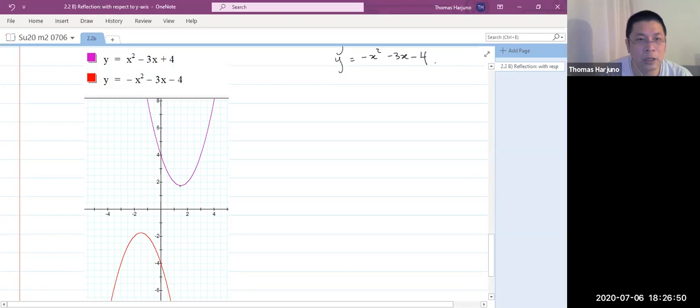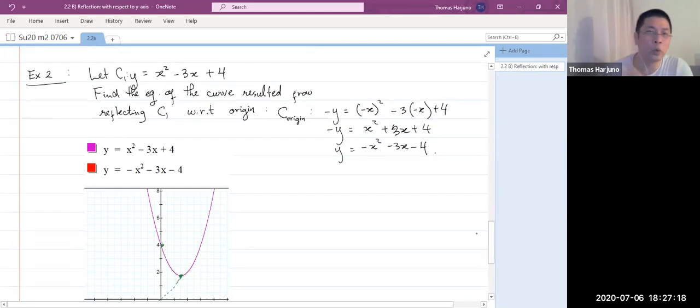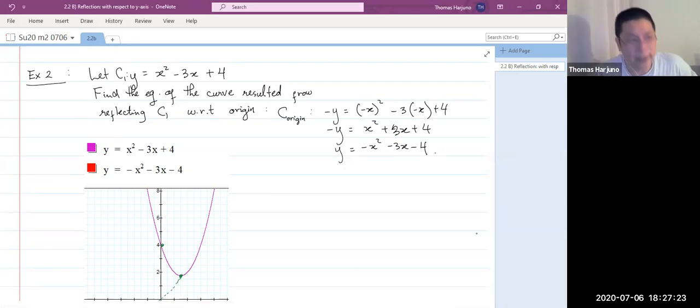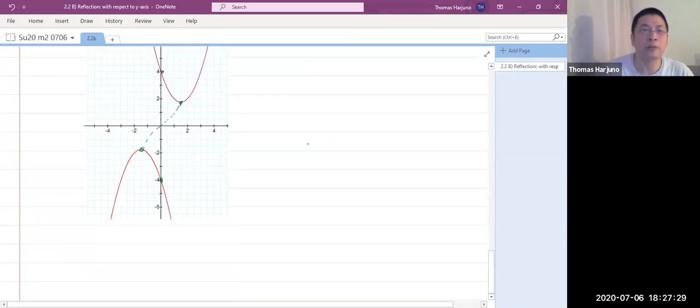Okay, the purple, let's say this coordinate here, when you reflect that with respect to the origin, it gives you this one. The y-intercept (0, 4) that you originally have now becomes, when you reflect with respect to the origin, this is what you get, right? And so on and so forth. So I hope you see the procedure: what do we do when we reflect with respect to the x-axis, with respect to the y-axis, and so on.